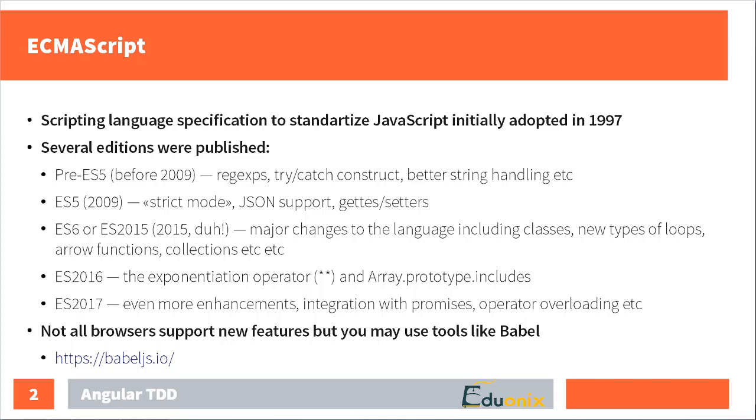When ECMAScript 5 was released, JSON support was introduced and strict mode was introduced, and then ECMAScript 6 brought many different changes, some major changes to the language, as you probably know. And now new editions are being published basically every year. The latest edition at the time of recording this video is ECMAScript 2017.